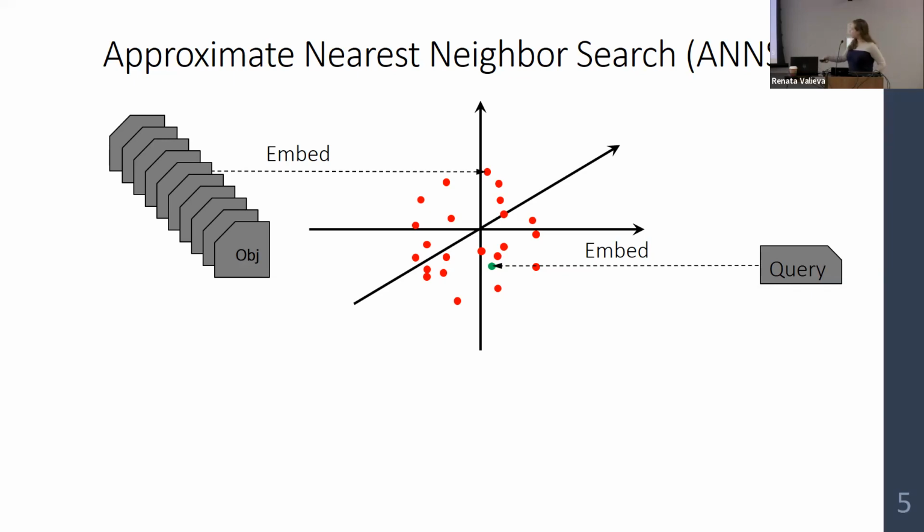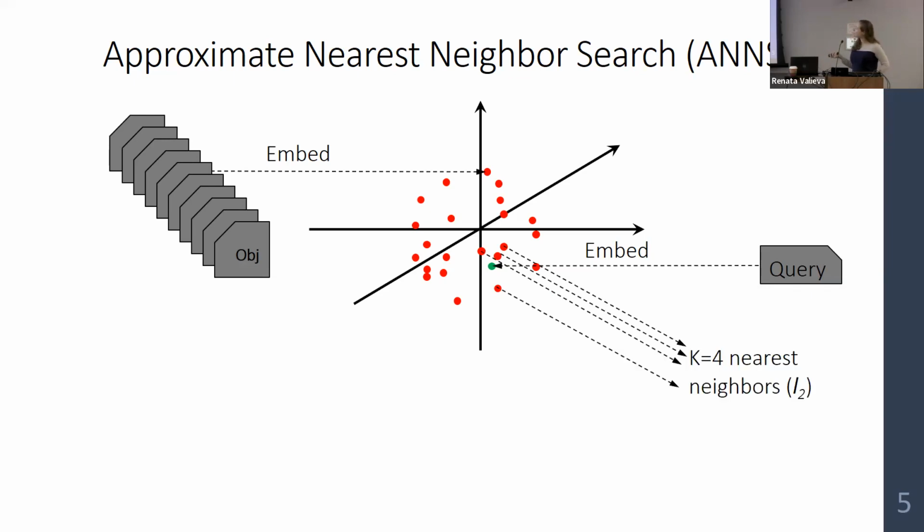When we try to find the 4 nearest neighbors under the L2 distance, by finding the objects that are close, we are finding objects that are intuitively similar to one another. Furthermore, we're doing this in R to the D, where D is around 100 to 1,000, so we're talking about very, very high dimensions. I believe OpenAI recently had a new model that went from 8,000 dimensional embeddings down to a measly 1,400.